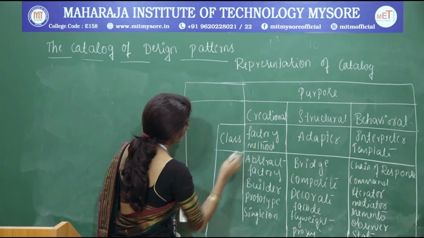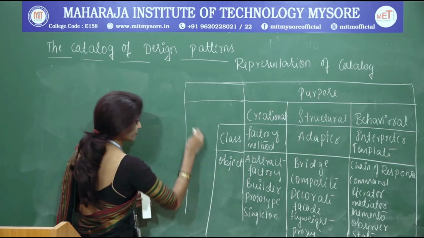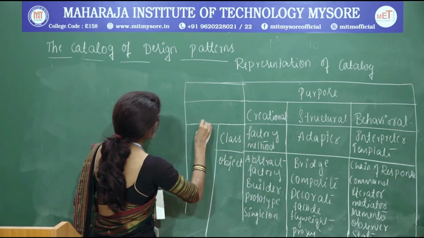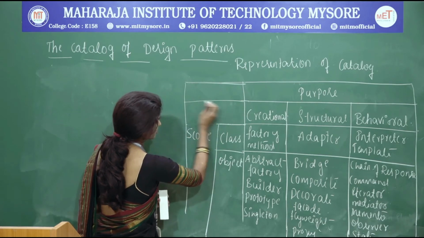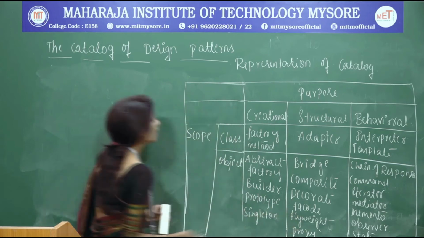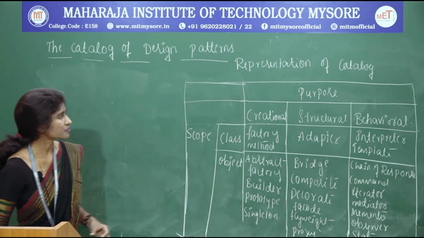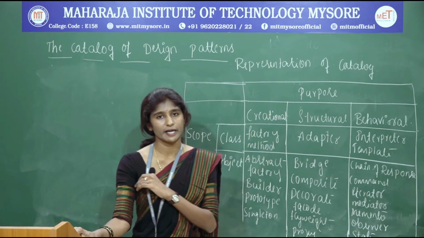This is a class, this is an object, and this is a scope. You can just take it like this also. You can just see here how to represent these different design patterns.